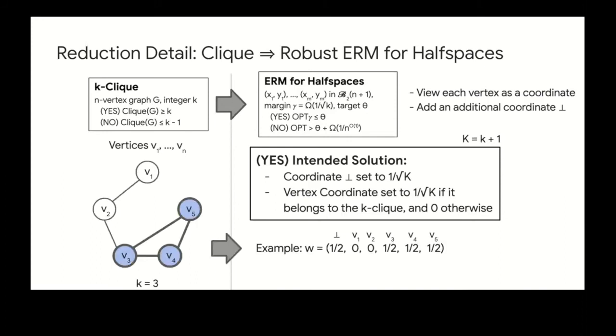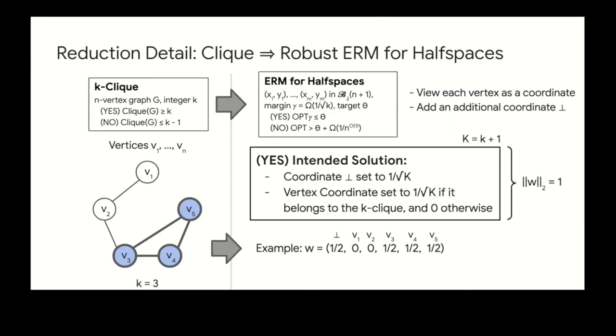Now, here is an example. If our k is equal to 3, and this is our 3-clique, V3, V4, V5, then our half space W will have to look something like the one on the right here.